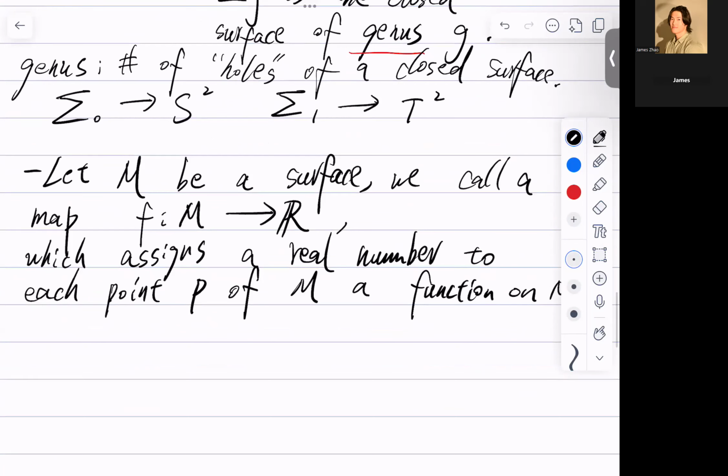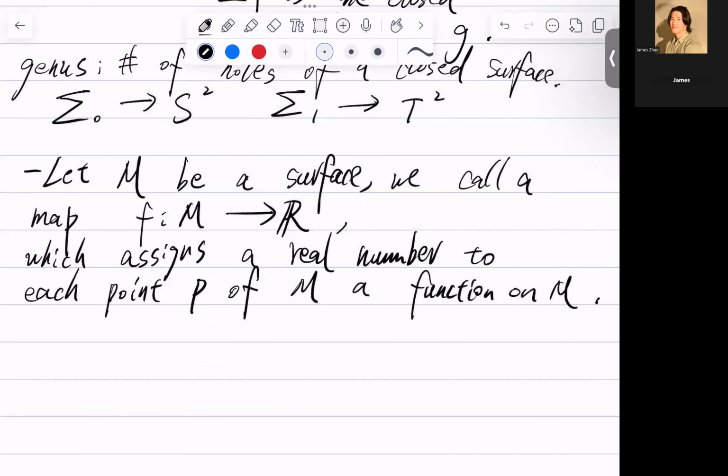Okay, and I realize this is blocking, so my apologies. I should have put this on the top earlier.